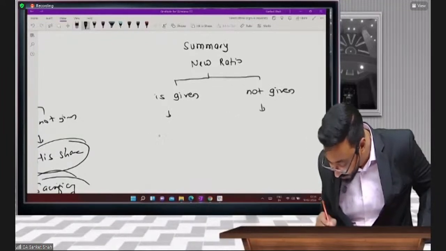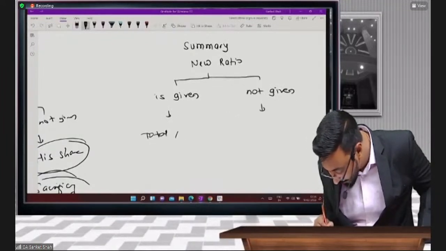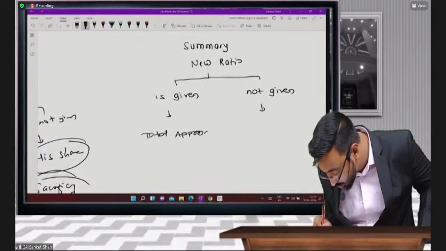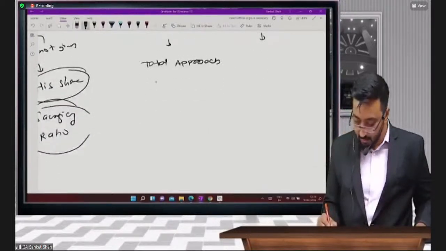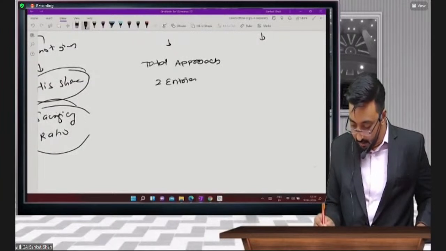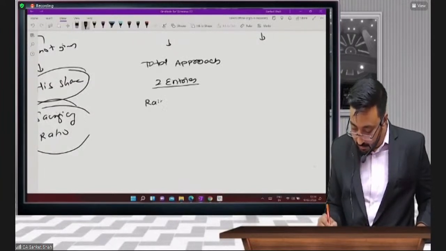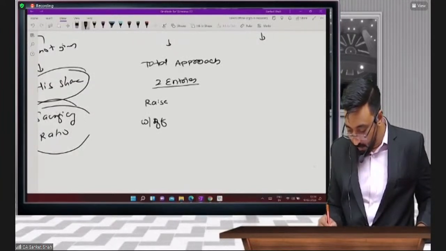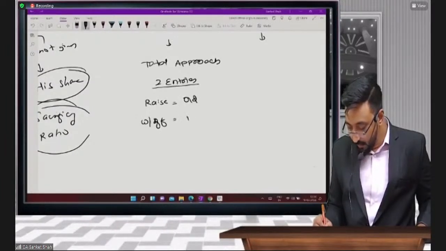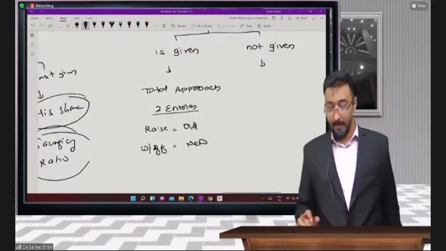If given in the question, go by total approach. How many entries in total approach? 2 entries: raise, write-off, old, new. Not given, go by his share approach.